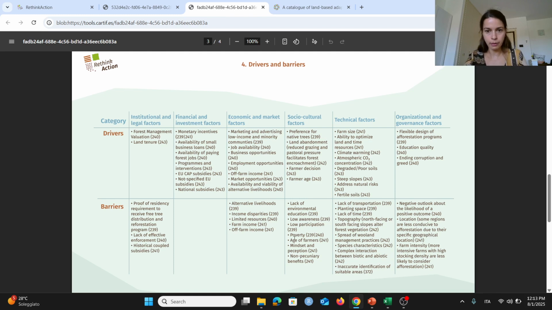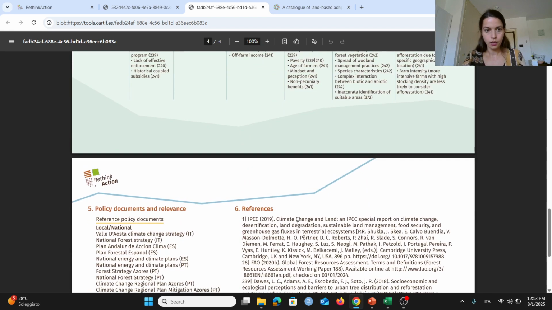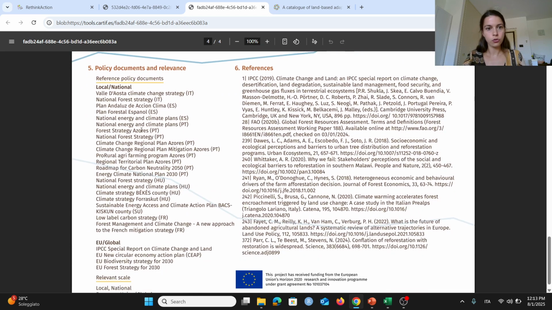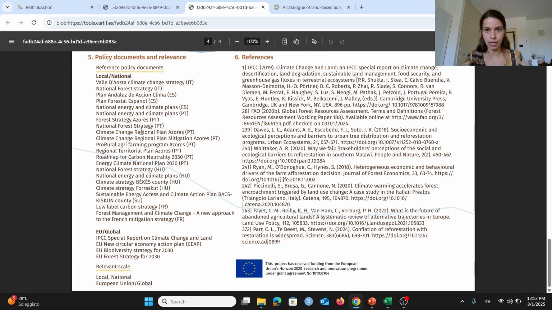And when it comes to barriers, low awareness and low participation could be obstacles to the implementation of these measures. And then again, a list of references. In this case, these solutions were identified in many policy documents, highlighting the very high relevance of this solution across all scales.